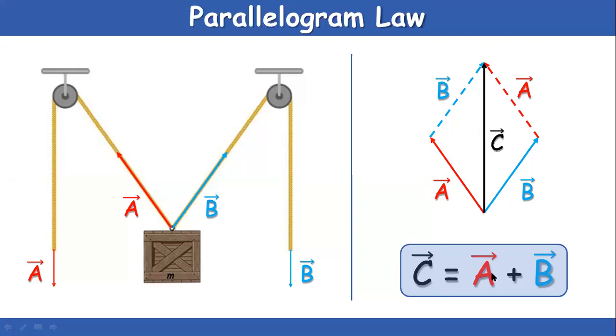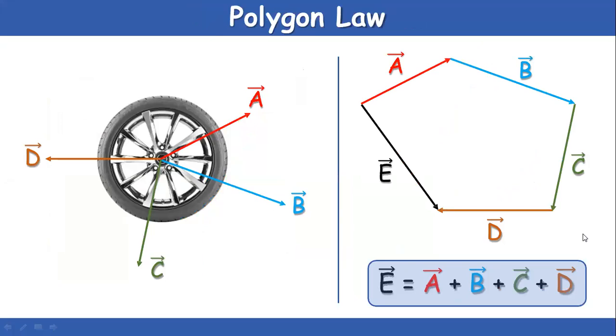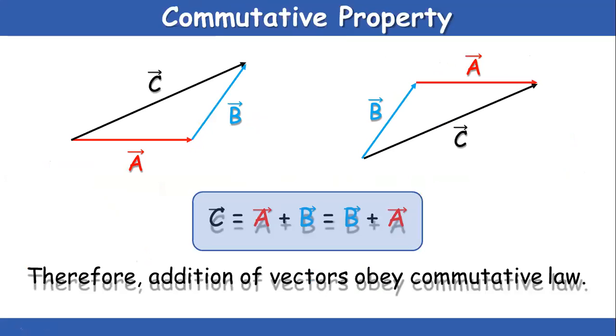So C bar is equal to A bar plus B bar, according to the parallelogram law. Then in some examples, if we have 4 vectors, we can complete the polygon and get the addition. Now we'll see some properties of addition of vectors.